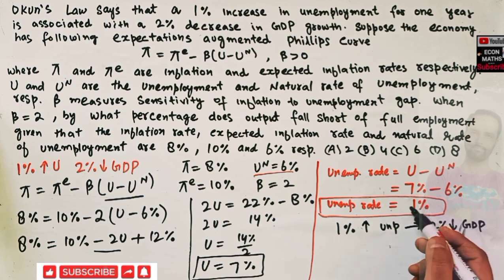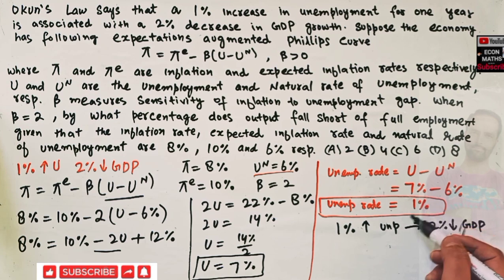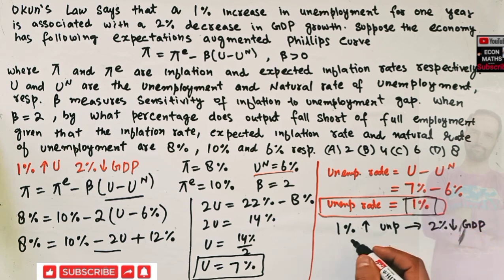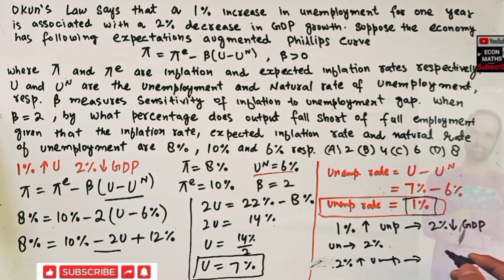If there was 2 in place of 1, the unemployment rate would have been 2%, and this 2% increase in unemployment would have led to a 4% fall in GDP.